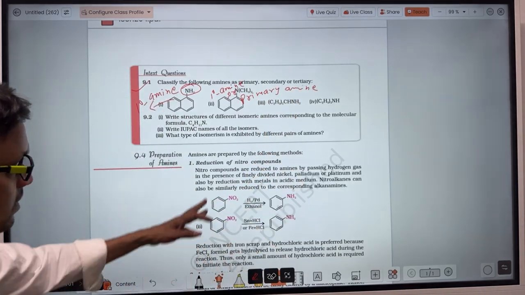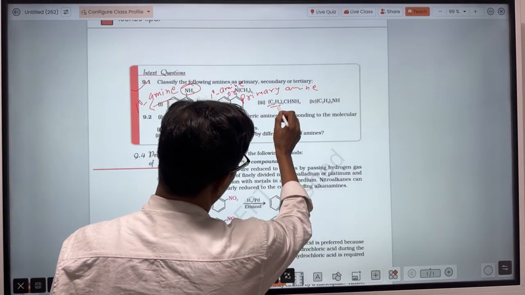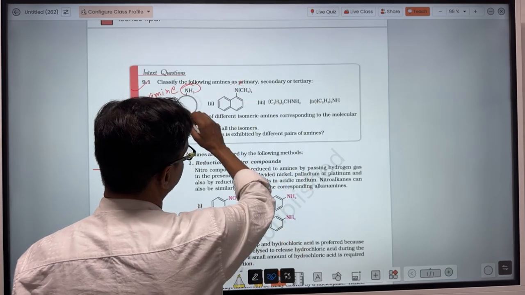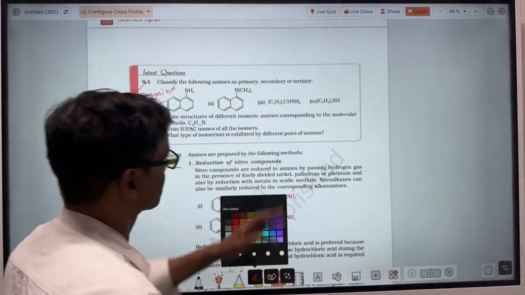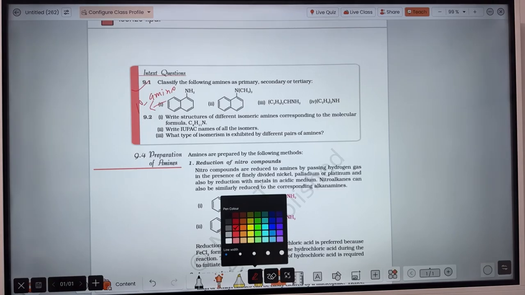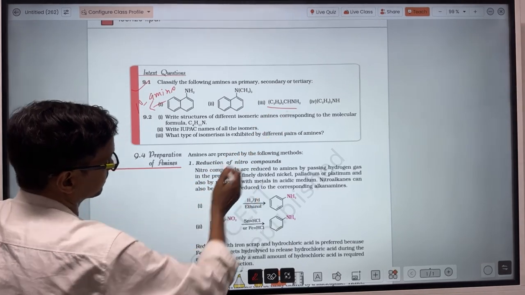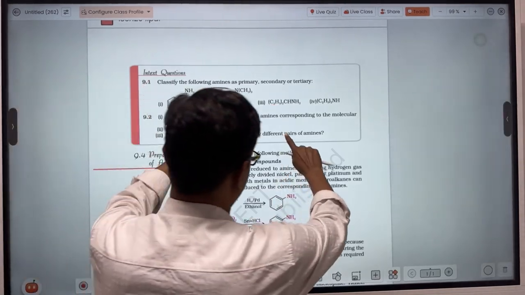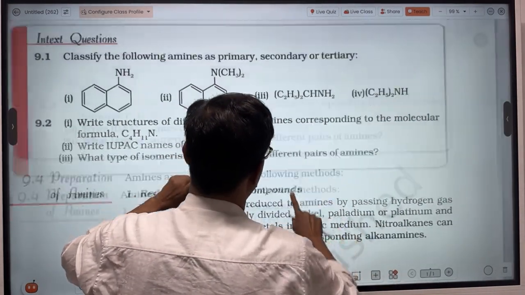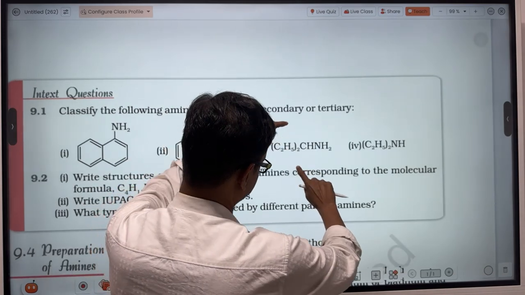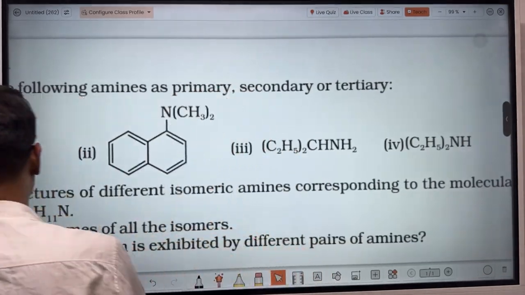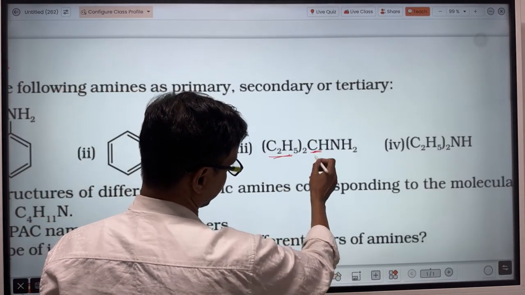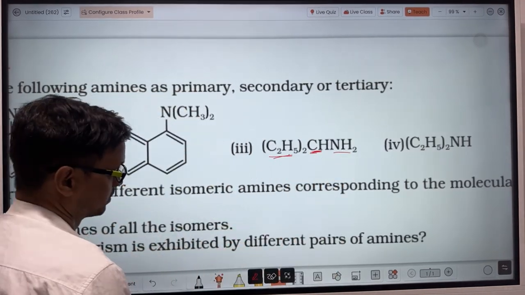It's very simple here. In this compound here, the 2 ethyl groups. Okay, I am drawing the structure of this compound, and then you will realize directly it can also be stated that it is 1 degree amine. But here let's see how to draw the structure. So here 2 ethyl groups in this compound. Watch out here. In this compound, the 2 ethyl groups are bonded to 1 carbon, and to that carbon the amino group is bonded.